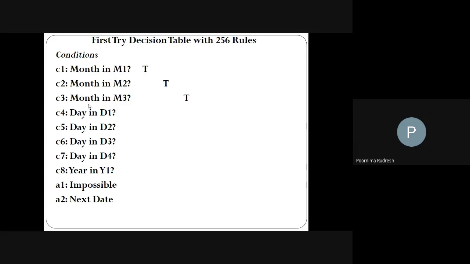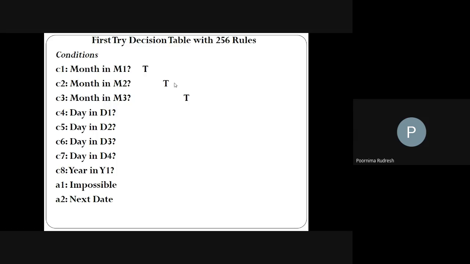So for month M1, we have defined 30 days. If we enter 31, then it is an impossible rule, because that particular month consists of only 30 days. Similarly, month in M2 consists of 31 days. If we enter 32 or 33, or anything greater than 31, then it is impossible.